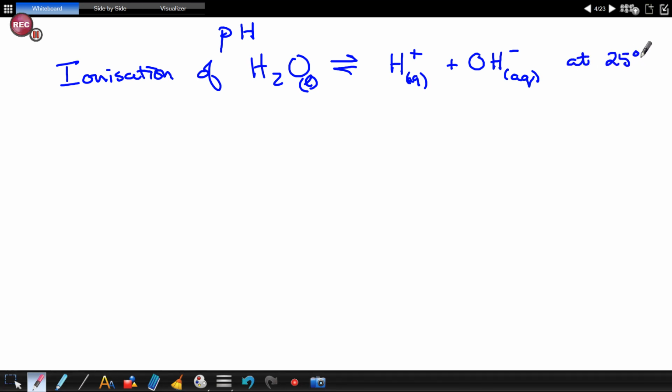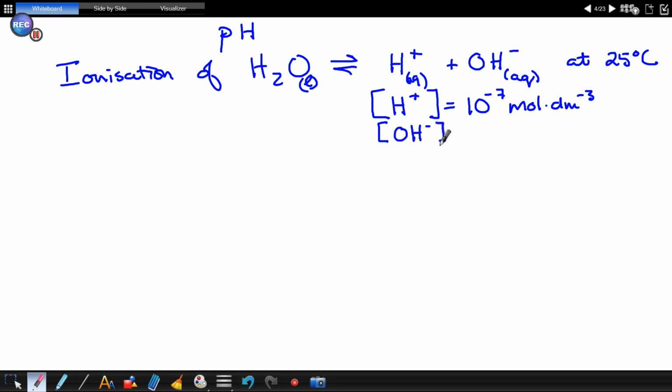So at 25 degrees Celsius, they found that the concentration of the hydrogen ions is 10 to the power minus 7. It's a 10 millionth of a mole per cubic decimeter. And the concentration of the hydroxide, guess what it would be? Why?